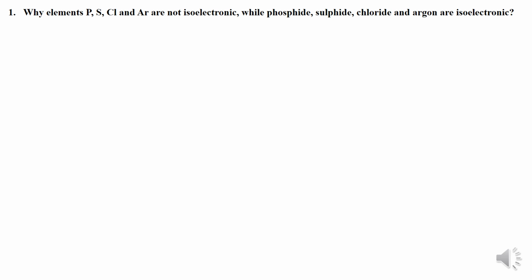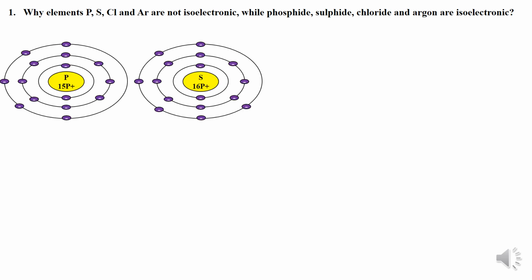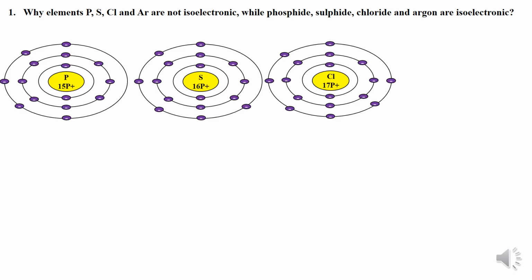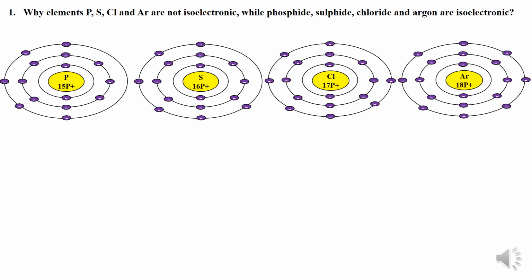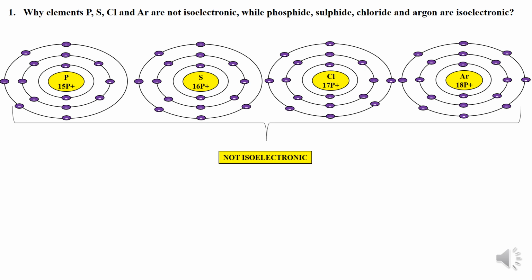Now, why are the elements phosphorus, sulfur, chlorine and argon not isoelectronic, while phosphide, sulfide, chloride and argon are isoelectronic? The elements in question are phosphorus, sulfur, chlorine and argon. All four elements are not isoelectronic.